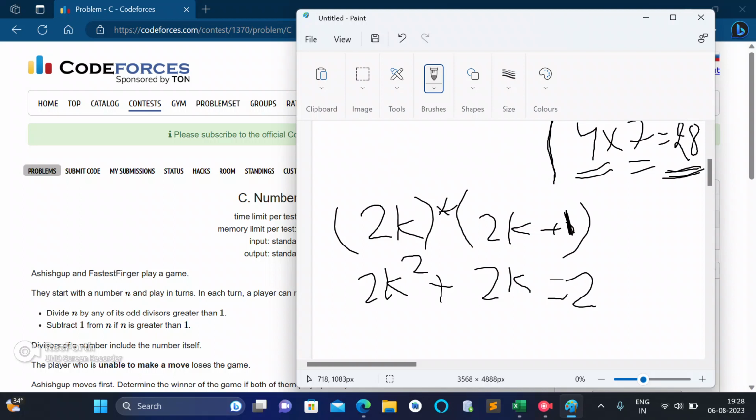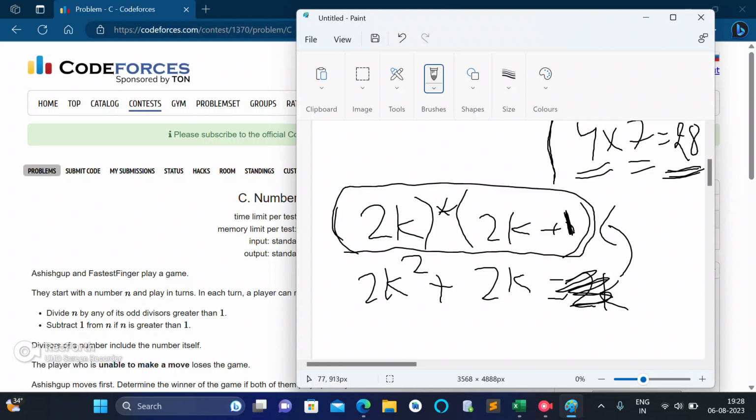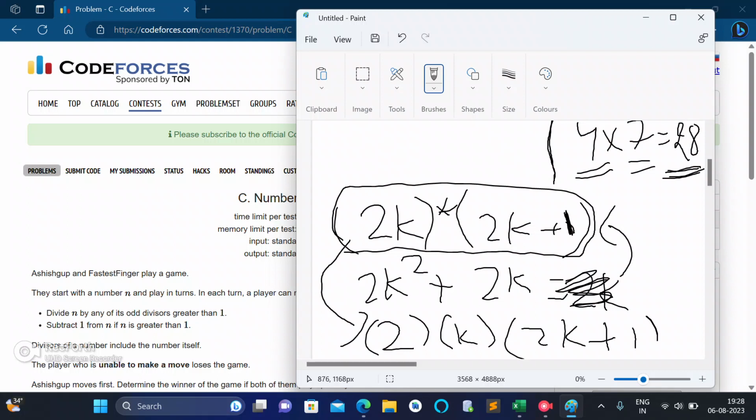If we take out 2k common, we will get the above expression only. Let me write it in another way. I can write it differently, that is 2 into k into 2k plus 1. So we can see that this number is divisible by 2, as you can see here, it has a value 2.